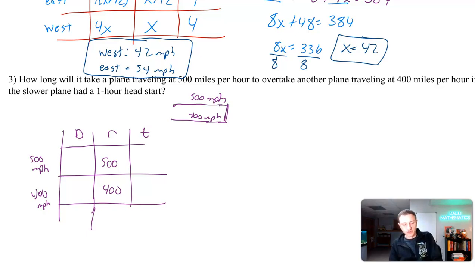The slower plane had a 1 hour head start. If the fast plane was traveling for x hours, how long was the slower plane traveling? If it's got a 1 hour head start, it was traveling for 1 hour longer. The fast plane left 1 hour later, so the slow plane is out there for 1 additional hour. So we could say 500x for the distance, and then 400 times x plus 1.